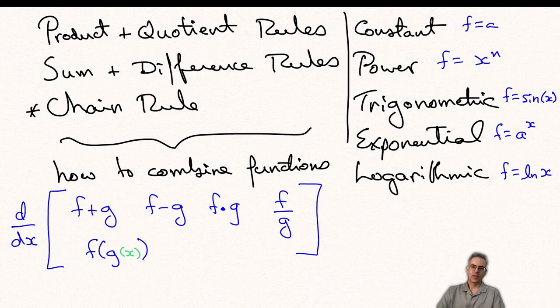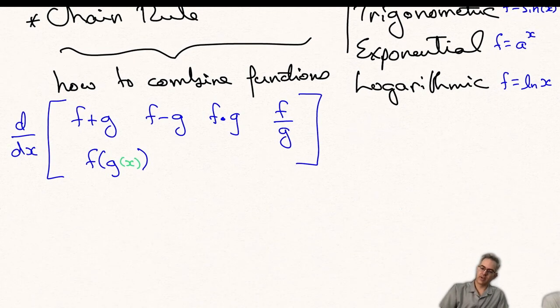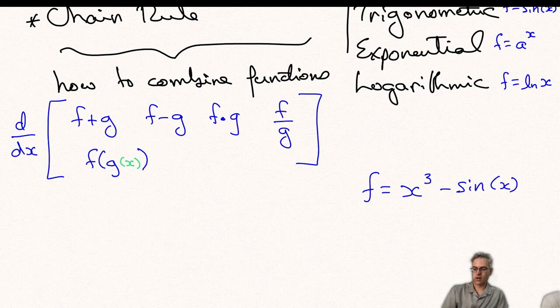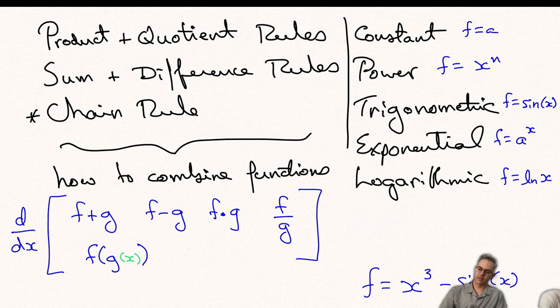Okay. And the ones on the left, the rules, will help you as you see functions. You learn to say, I think I need one of these rules from the left. So if I write a function like f is x to the 3 minus sine of x, part of this is a power, and part of it is a trigonometric function.